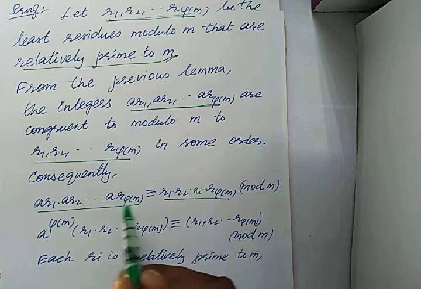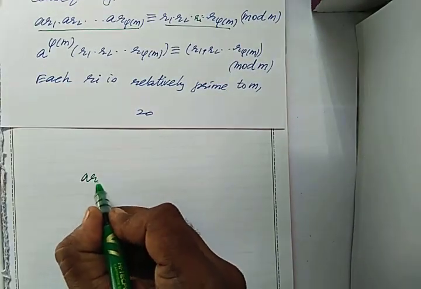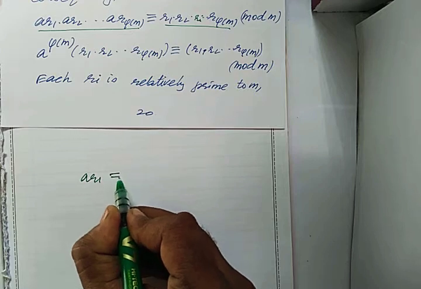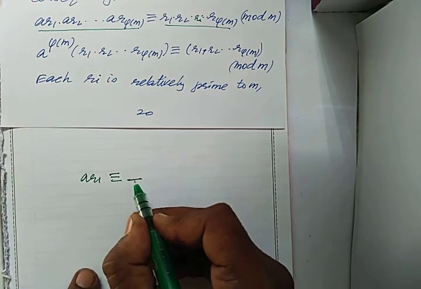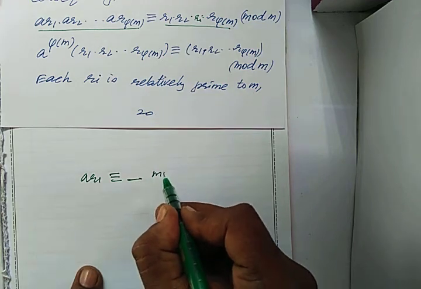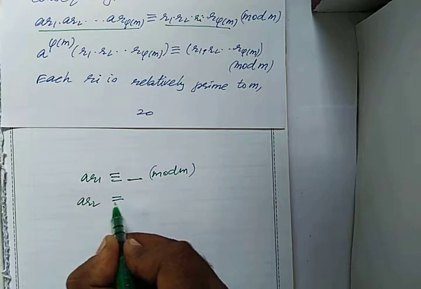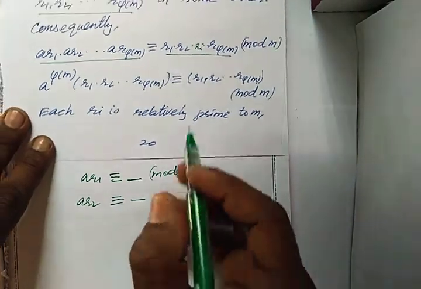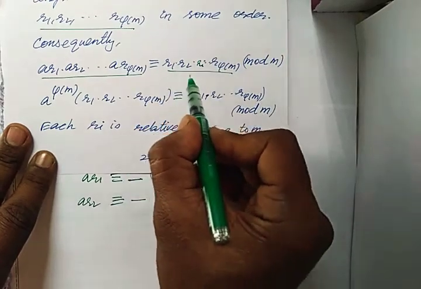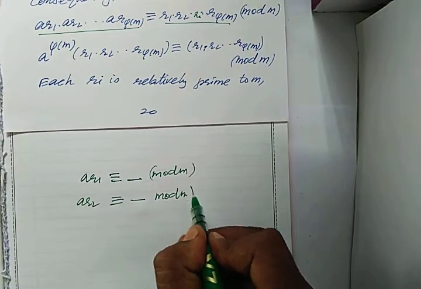How do we get this one? Recall, all of you. Actually, a r1 is congruent to some ri mod m, among r1, r2, and so on. Similarly, a r2 is congruent to some number that belongs to this set r1, r2, up to r phi of m, mod m.